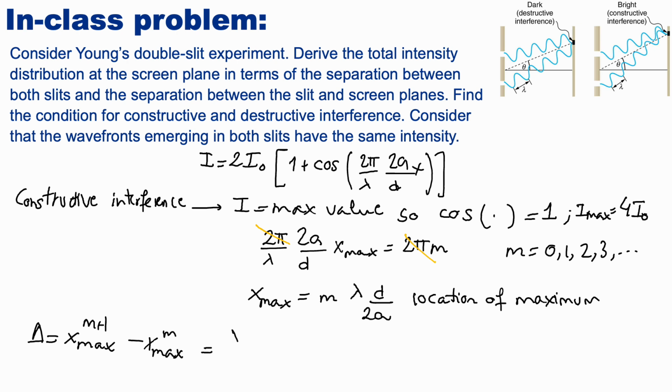So this is going to be lambda d over 2a. This is the separation between two consecutive maximums, not any maximum.